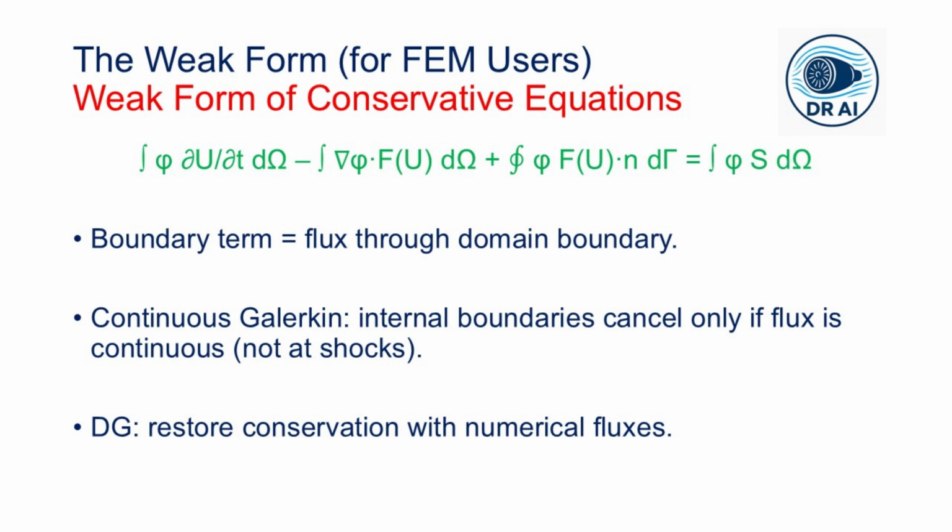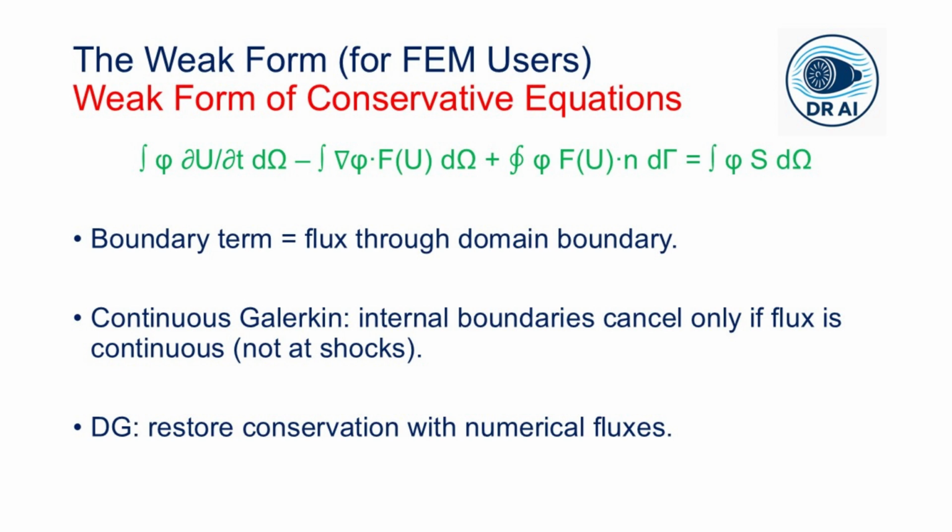The discontinuous Galerkin method, on the other hand, fixes this. In the DG method, the test functions are discontinuous between the elements. You get a boundary integral on every internal face. You then replace the flux on that face with a numerical flux function, exactly like in finite volume. So this restores conservation locally on each element and globally also.